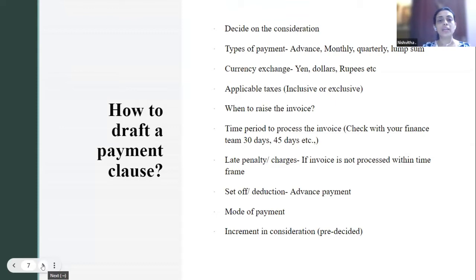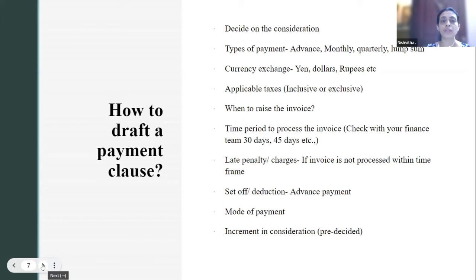Next one is your late penalty and charges. If I do not make the payment within a stipulated period of time, which I've agreed in the aforesaid clause, like 30 days, 45 days, whatever, can the other person impose some penalty on me? Accepted again. But most of them would prefer to have a long-run business relationship. Hence, they will not have a penalty clause.